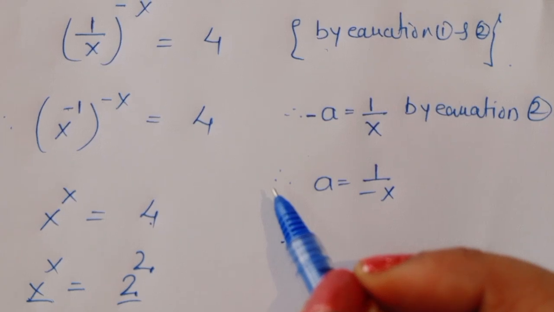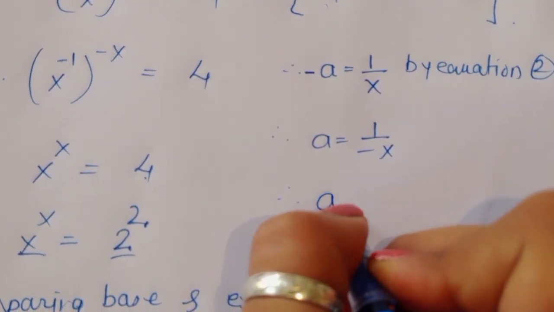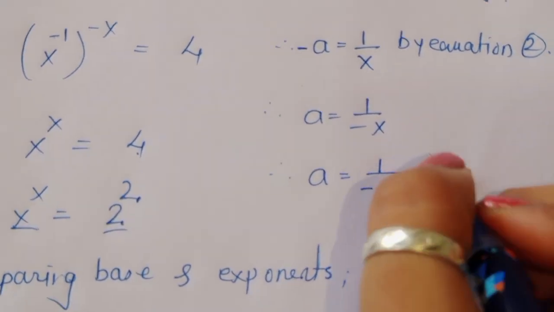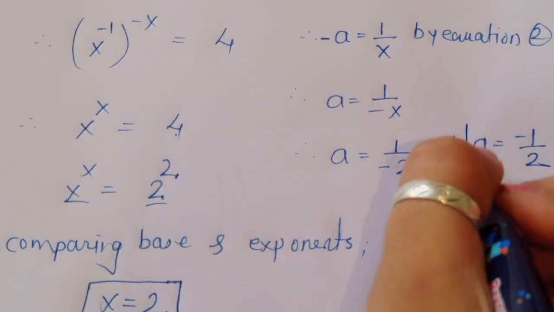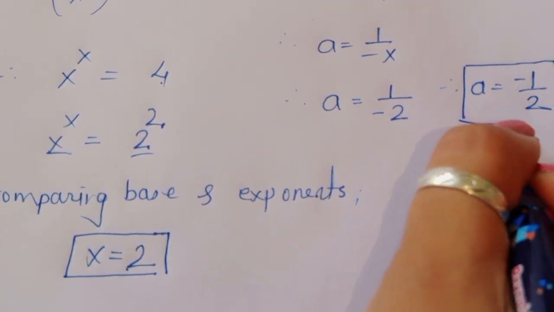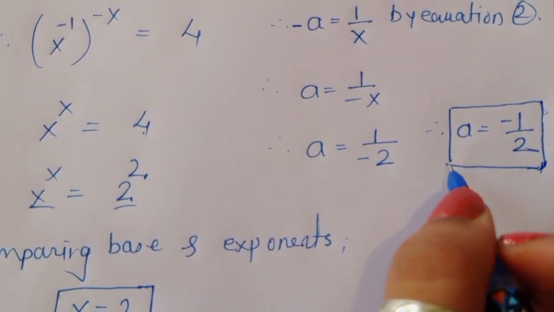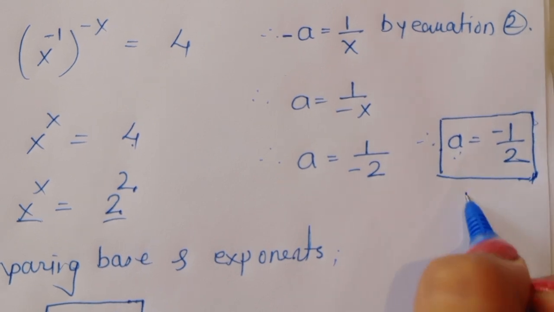We already got the value of x as 2, so a = 1/(-2), therefore a = -1/2. This is the value of a. So from the first method and the second method we got the same value, a = -1/2.